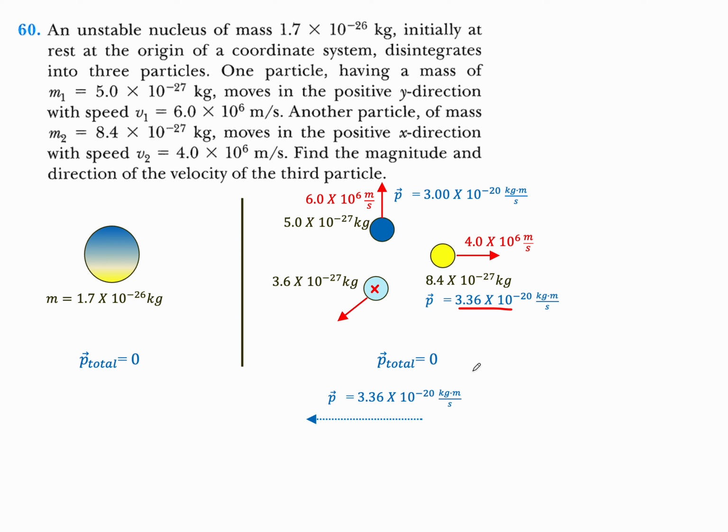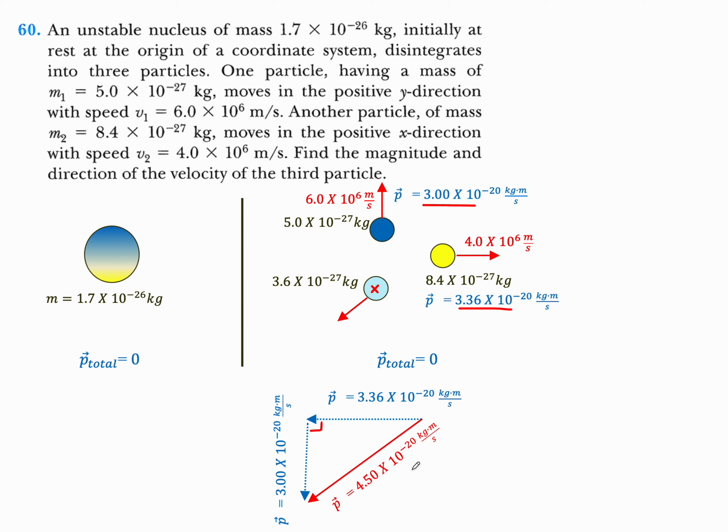It also must have a momentum that's exactly equal and opposite to this momentum. To do that, it's got to have both of these together. Its momentum must be the vector sum of these, and it doesn't look very perpendicular here, but it is, which gives us this. That's the momentum of our unknown third particle.